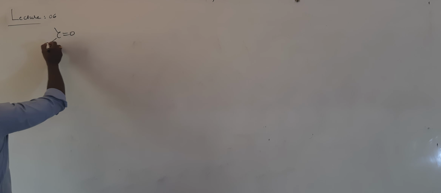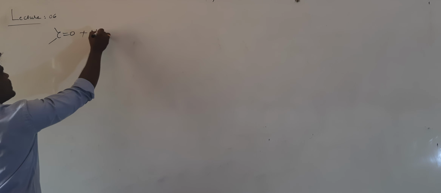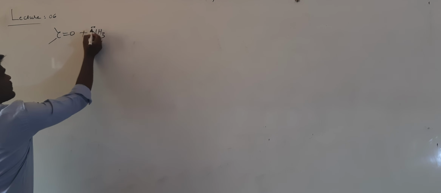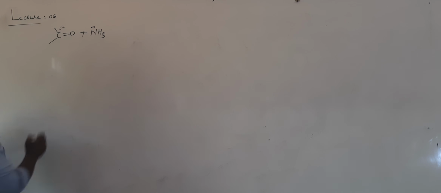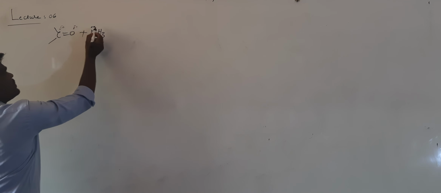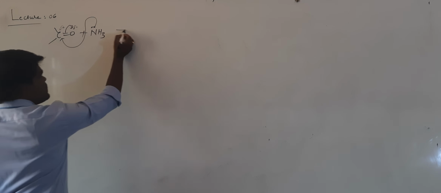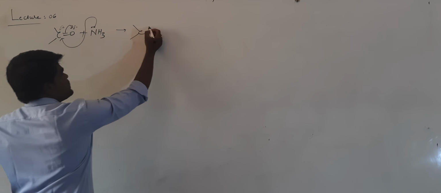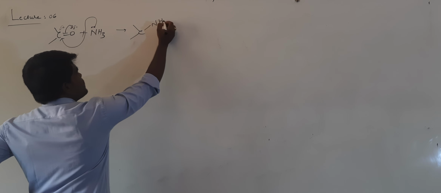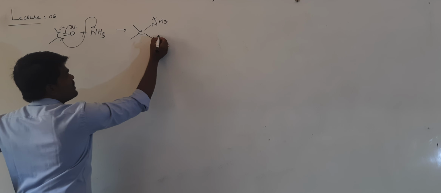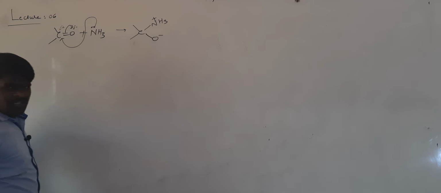This is a carbonyl compound. If you are treating this with ammonia, basically what happens, ammonia is nucleophilic in nature because of the lone pair of electrons, and this carbonyl carbon is electrophilic in nature. This lone pair of electrons is given to the carbonyl carbon, by which it forms an intermediate. Since the lone pair of electrons is donated to the carbon, nitrogen gets a positive charge and oxygen gets a negative charge.